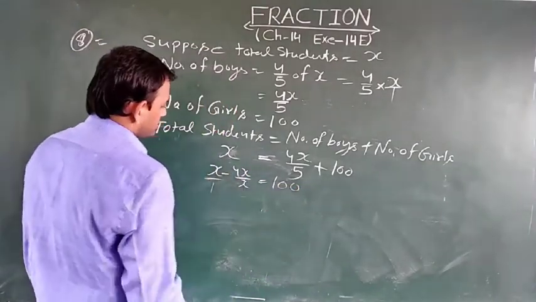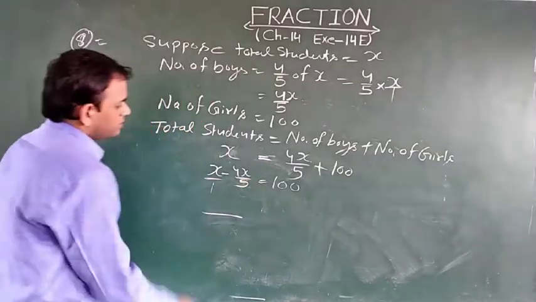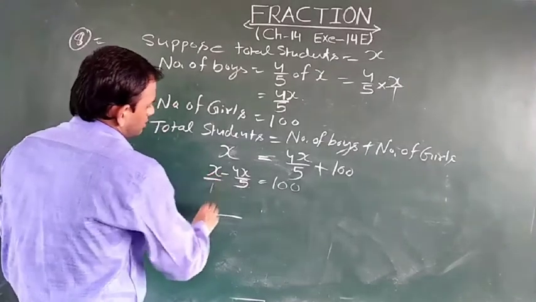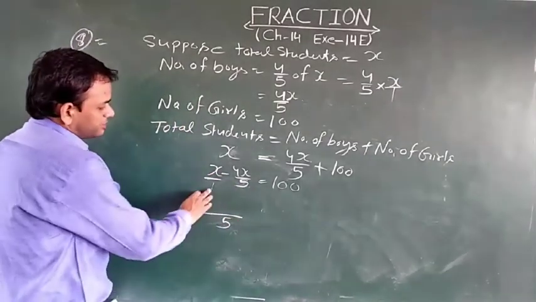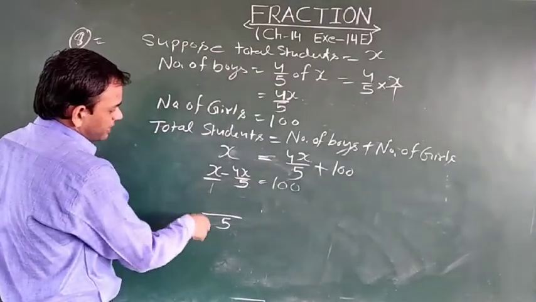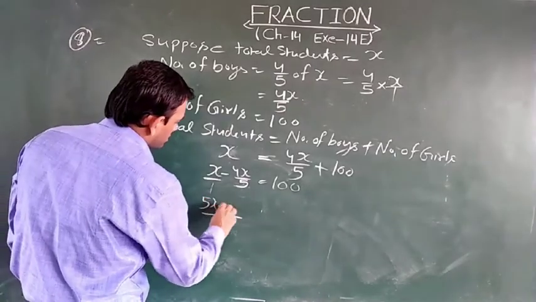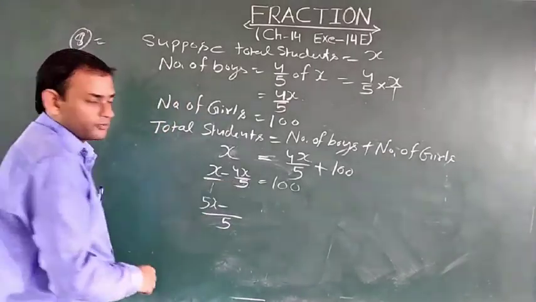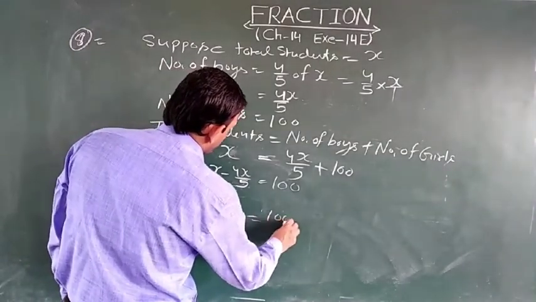Now make it a fraction. Okay. LCM of 1 and 5 will be 5, and then we will divide this 5 by this 1. 1 5 and 5 into x 5x minus 5 on the 5 and 1 into 4x 4x is equal to 100.